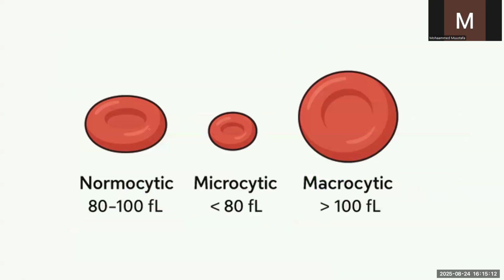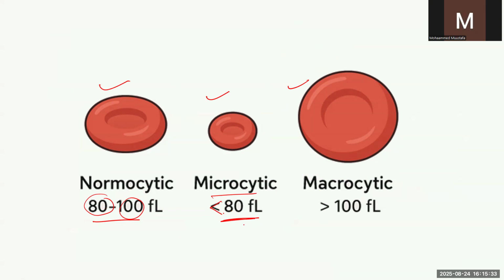To see how a microcytic anemia looks, this is normocytic, which has a volume of 80 to 100 femtoliters, and it is called microcytic if the size of the RBC is decreased or lesser than 80 femtoliters.